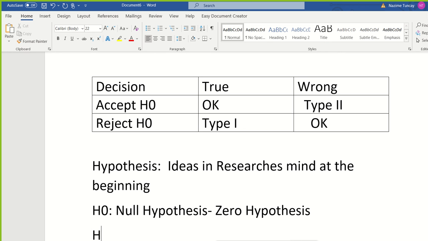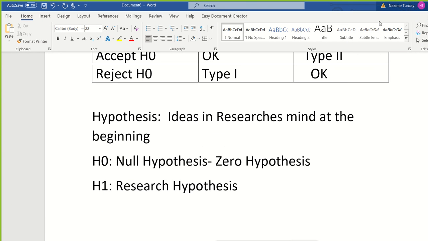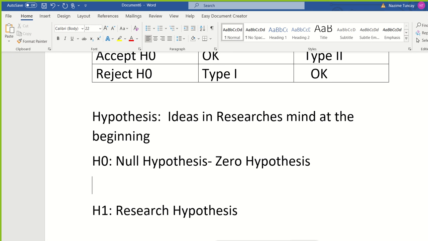And H1 is the research hypothesis. So this is the idea in our mind of what the result will be. We think that H1 will be true, and therefore we say research hypothesis. And H0 always says there is no difference.